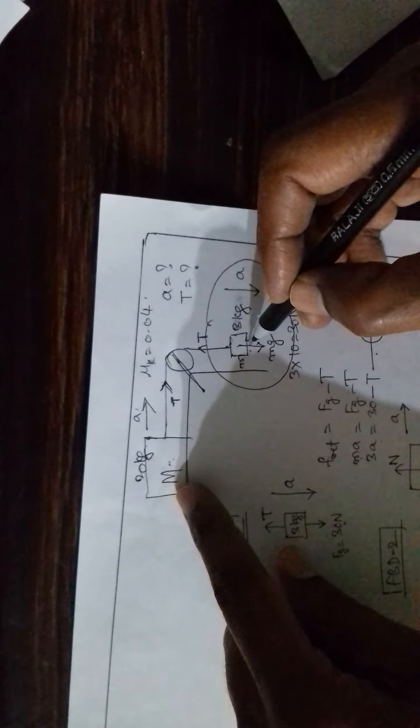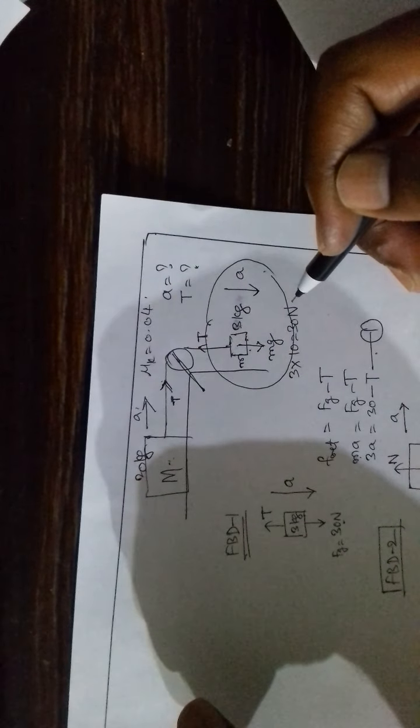Here the small mass, here the large mass; these two masses always try to stretch the string, whereas tension in the string opposes the stretching.